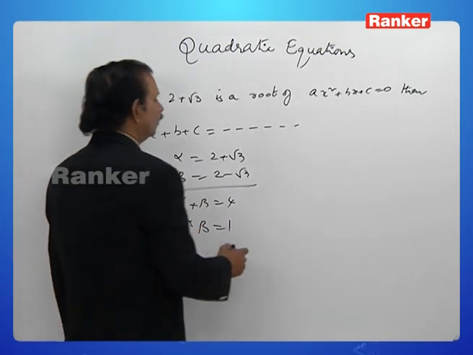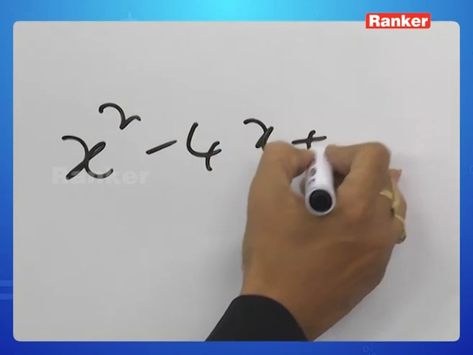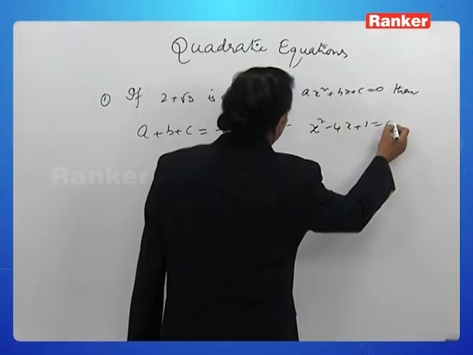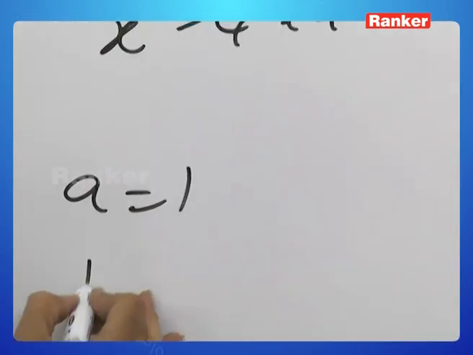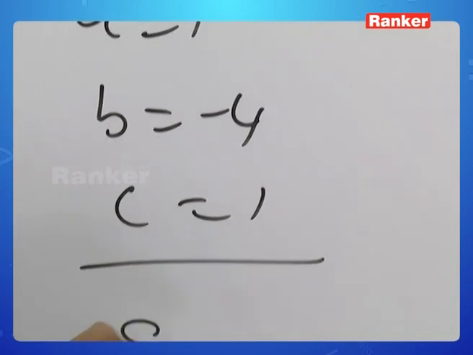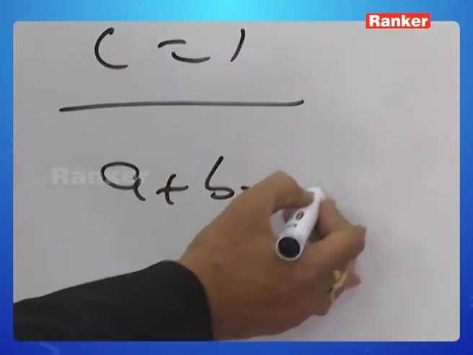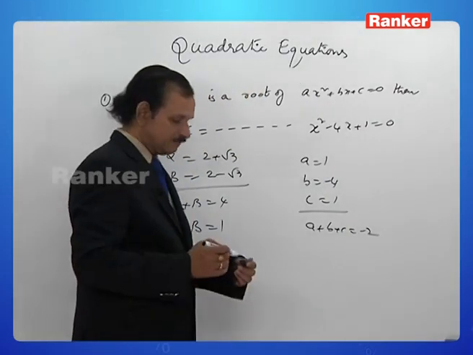Thinking these two, we have the equation to be x square minus 4x plus 1 is equal to 0. Compare them. A is equal to 1, b is equal to minus 4, c is equal to 1. Add all of them. A plus b plus c is equal to 1 plus 1, 2, 2 minus 4 is minus 2. What is the value of a plus b plus c?